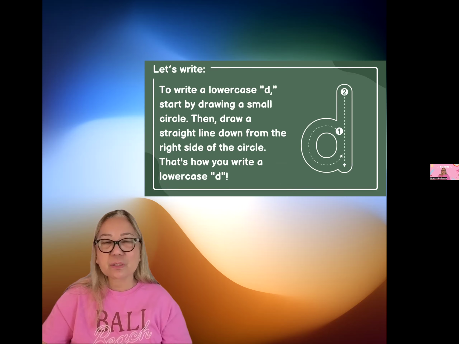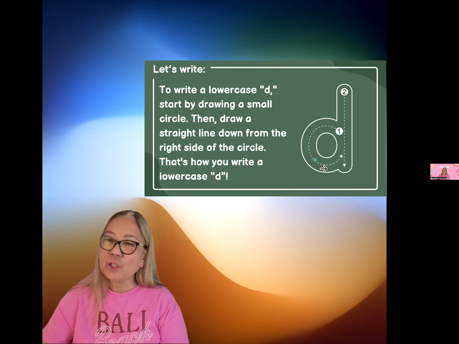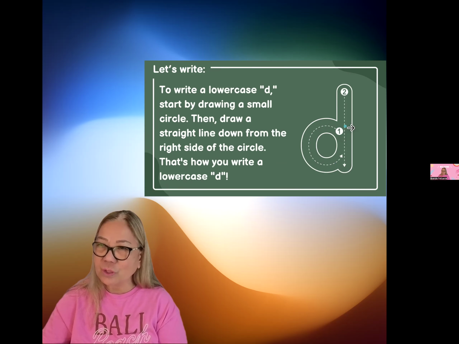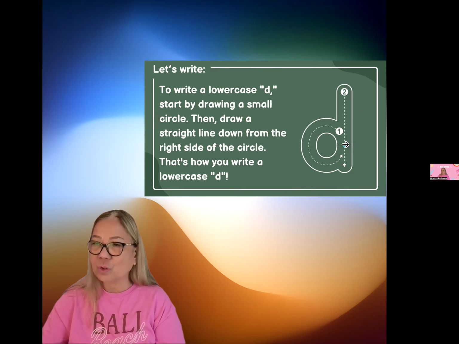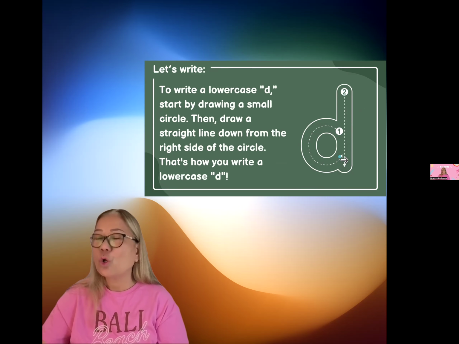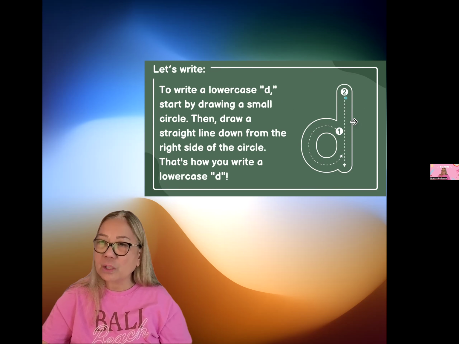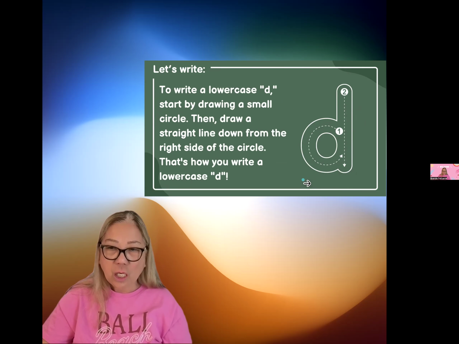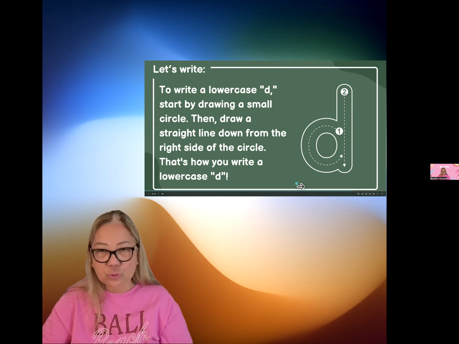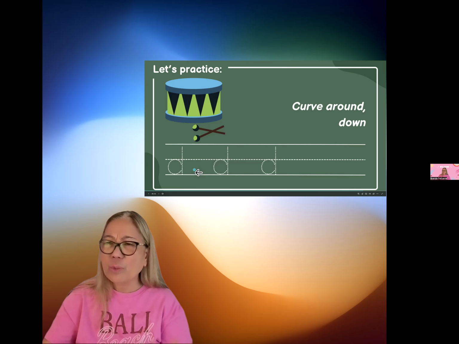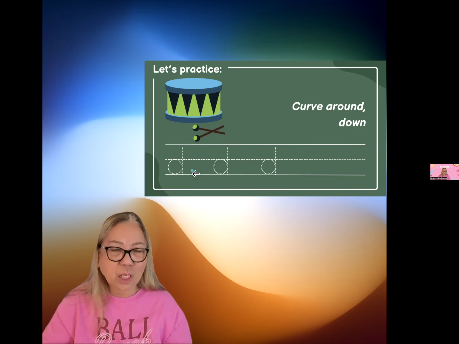Now we have the lowercase d. So you have one curve, just like B, one round and then line down. One line to curve to the left and then one line down. I am going to close my Canva later on, so always remember the three-line paper.